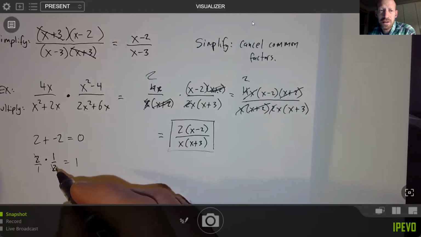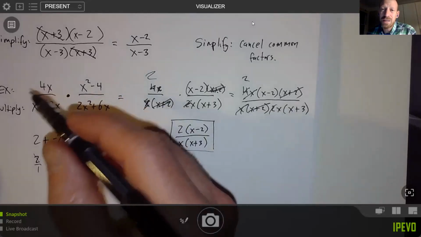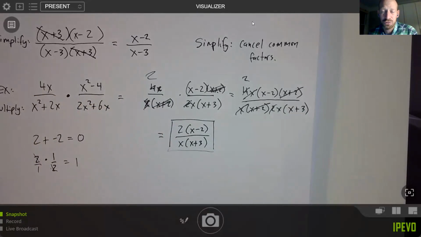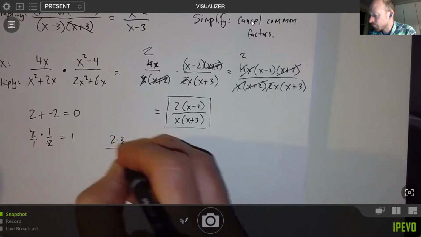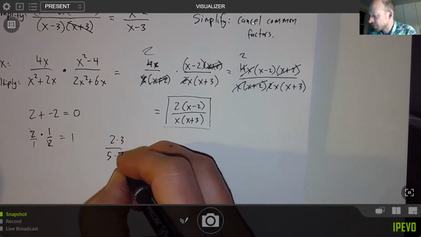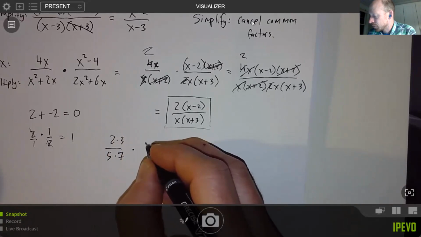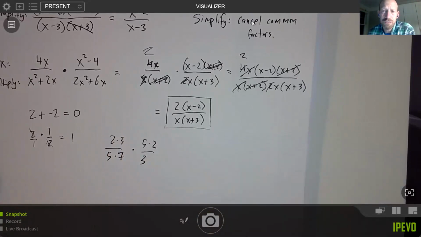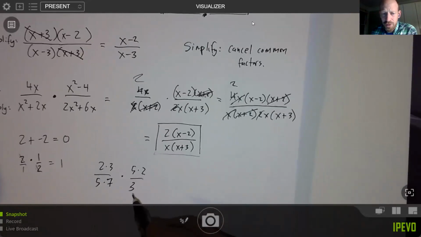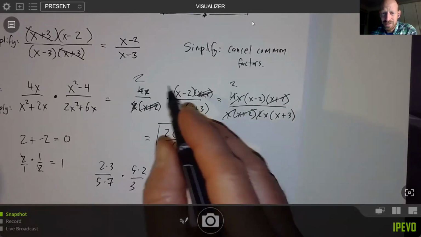Yeah. All of these problems really behave the same way that fractions do. But of course, it's much harder to see that here because there are all these x's and numbers and pieces. But it's really no different than if I wrote 2 times 3 over 5 times 7, times 5 times 2 over 3. Like this is a fraction of numbers multiplied together. It's the same thing here, right?